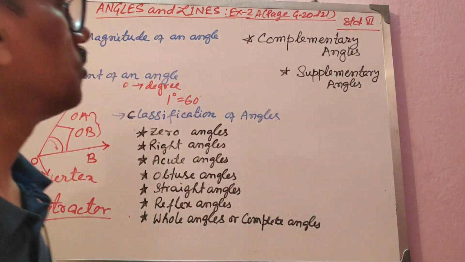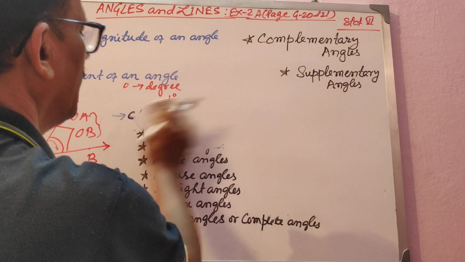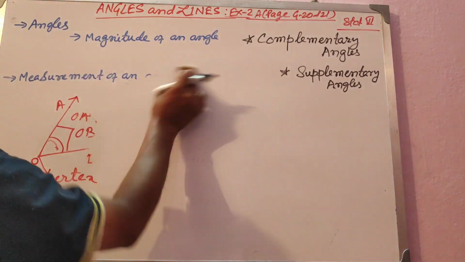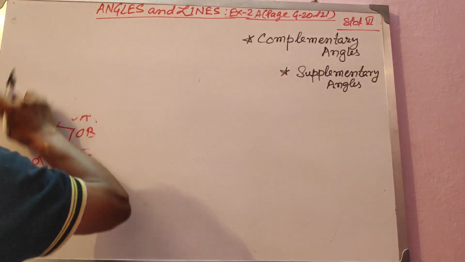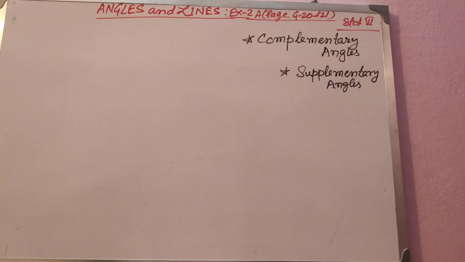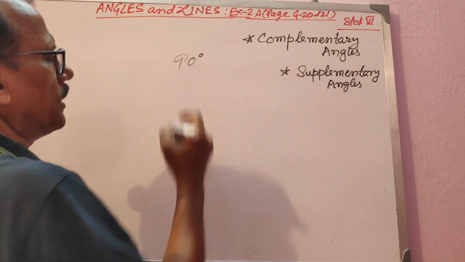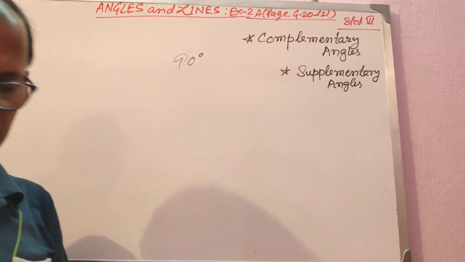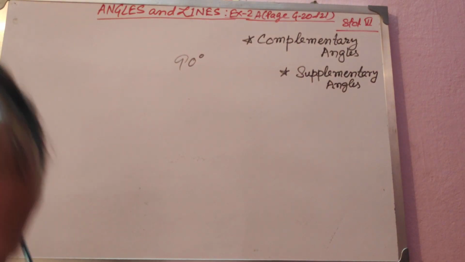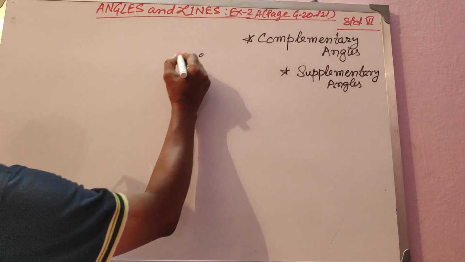Now I will be talking to you about complementary angles and supplementary angles, which are very, very important. Let me clear all these things to make that concept clear. When you have one pair of angles which together make 90 degrees, that pair of angles is said to be complementary angles.